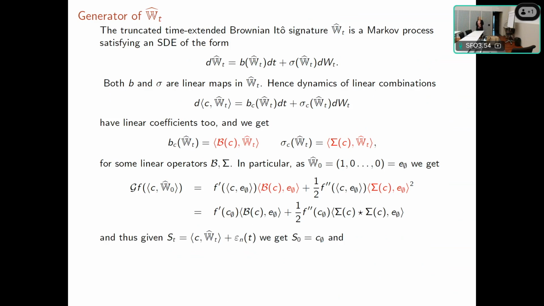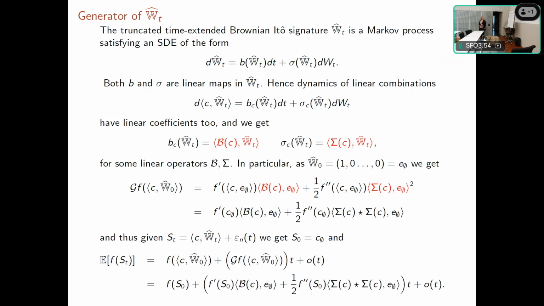Given that our S_T can be written as iterated integrals plus error, and since the constant term will always correspond to S0, if we apply this formula directly, we get f of x0 plus this expression that we just computed here, which is extremely simple to compute.